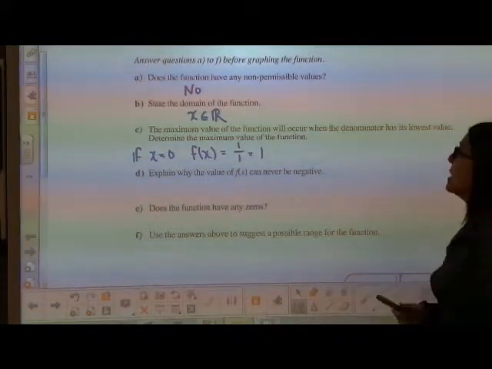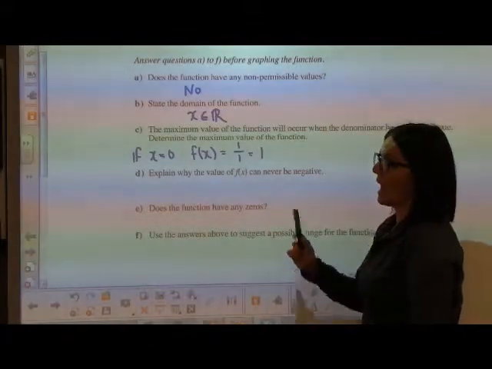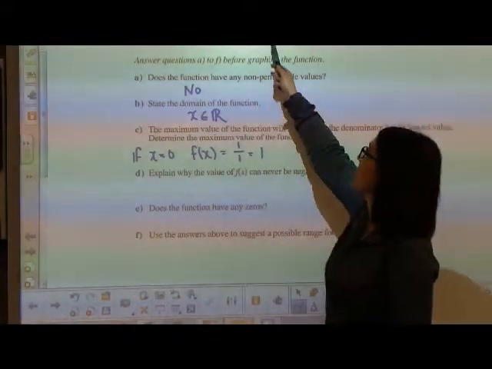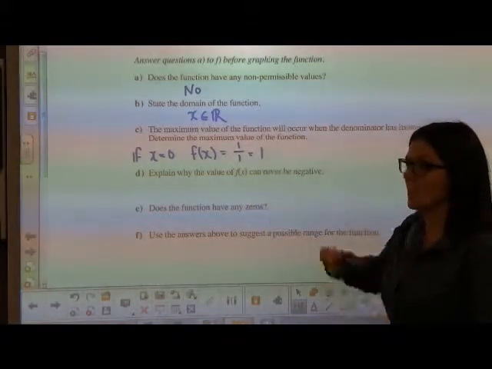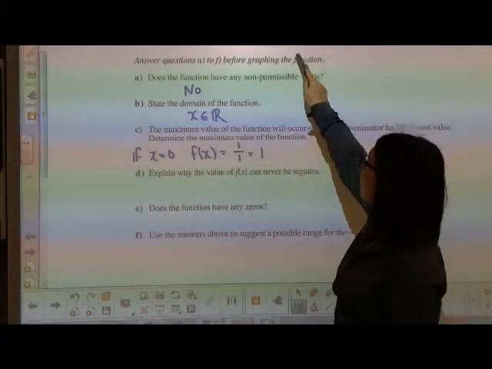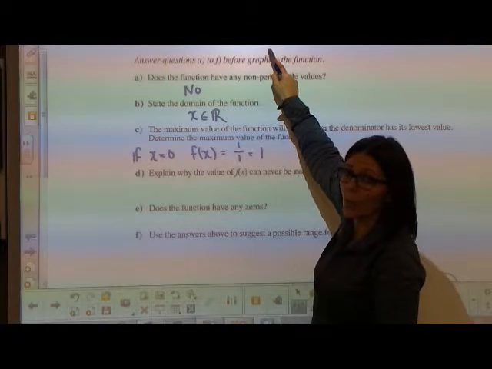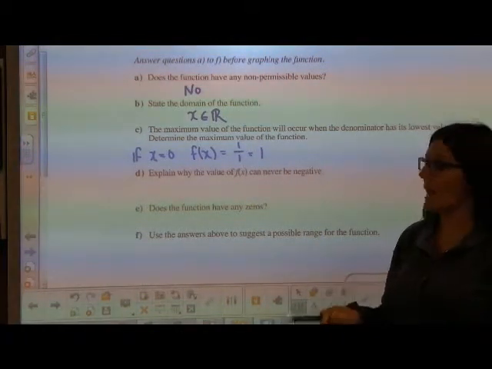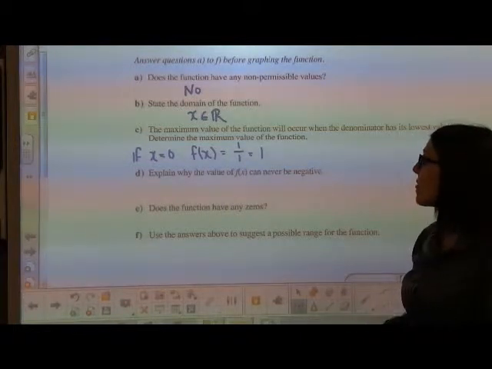If I let x be equal to 1, I'm going to get 1/2, which is smaller than 1. If x equals 2, I'm going to get 1 over 5, which again is smaller than 1. If I let x be equal to -2, I'm still going to get a positive 4 in the denominator.